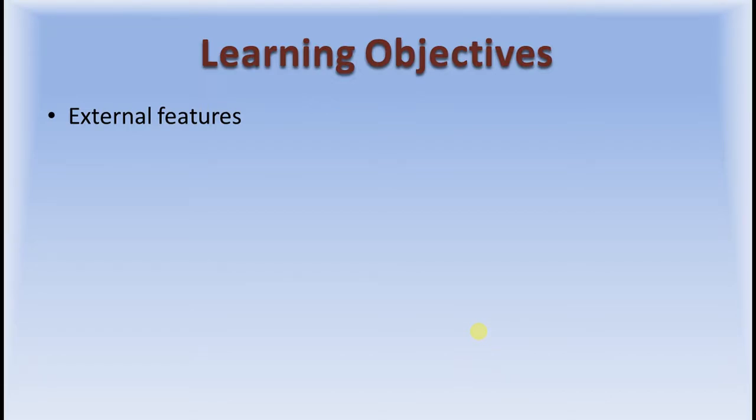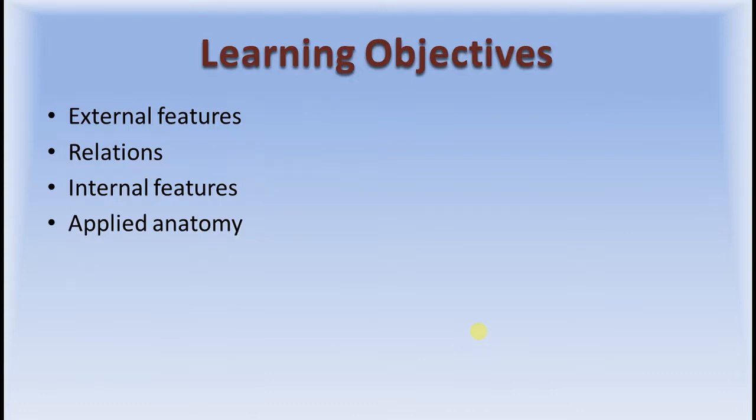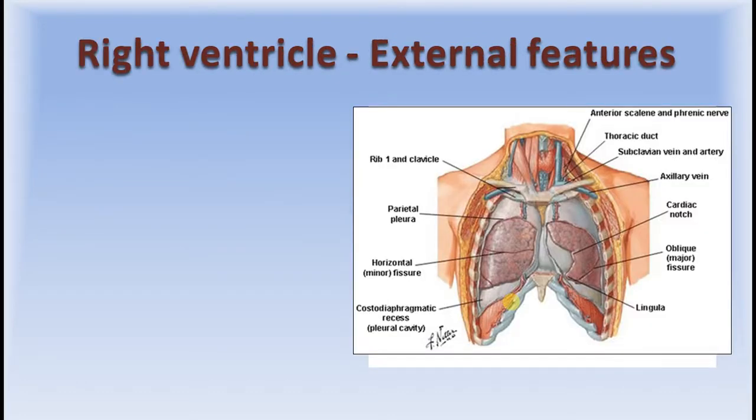Then in detail we will discuss the internal features, the interior of the right ventricle and the left ventricle, and how they differ from each other based on their function. Finally we will close this session with some applied aspects. Okay. Now, the right ventricle.